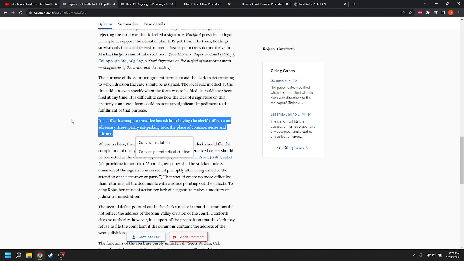And I think that is to indicate to the court that they're unhappy with you, but whether or not the court is going to give that any thought, I don't know. Once I've gotten it past a clerk, I've never had a court, the actual judge, reject my filing. So who knows? I guess it could happen, but I've never seen it happen that way.